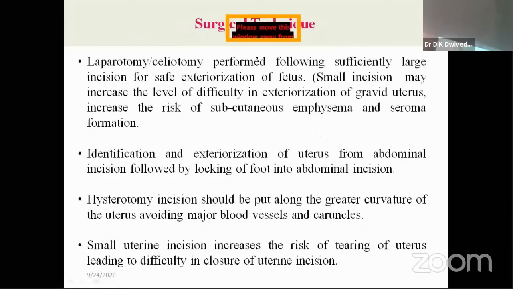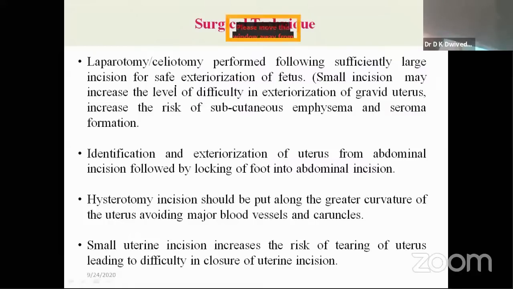Now come to the surgical technique. As I have told you, C-section in bovines includes two important procedures. The first is the laparotomy or celiotomy. Once you have decided your surgical approach, through that particular approach, first of all, you have to perform the laparotomy or celiotomy, that is the surgical opening of the abdominal cavity. After opening the abdominal cavity, you have to go for the identification of the gravid uterus.